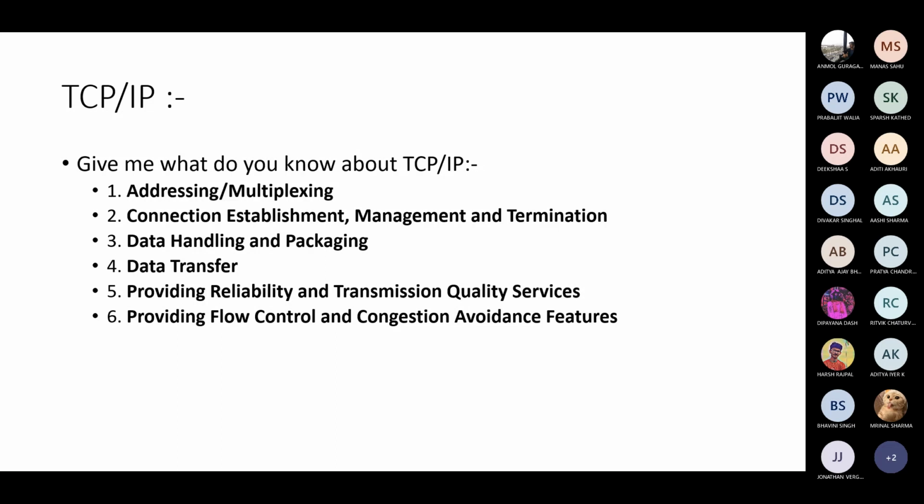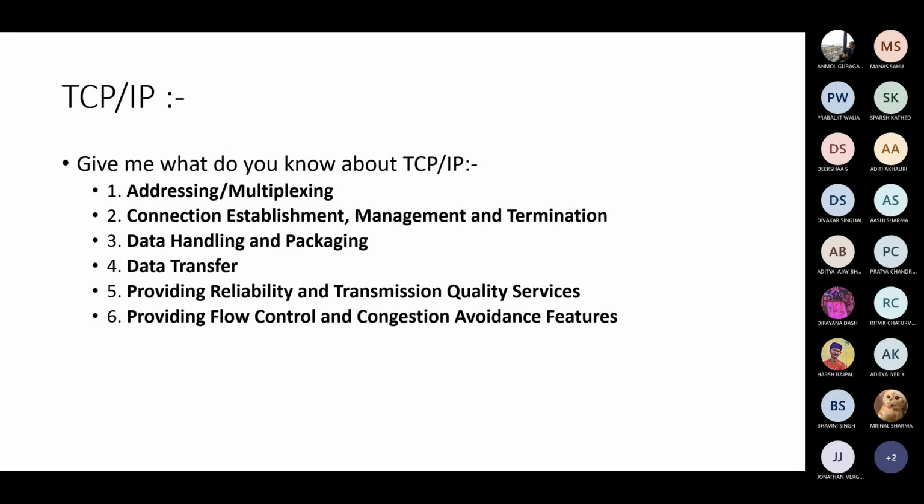How the addressing of multiple users, multiple destinations can be performed by means of TCP and IP. And next, connection establishment, management and termination. So these are the things. Connection establishment, how the physical connection is established between one system and the other system, and how the data transmission is managed here, and how data transmission is terminated at last.